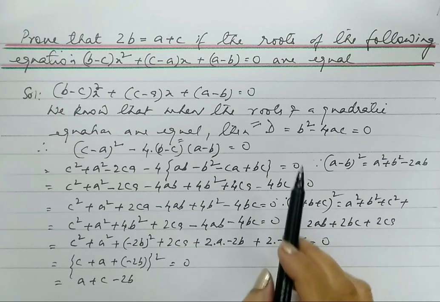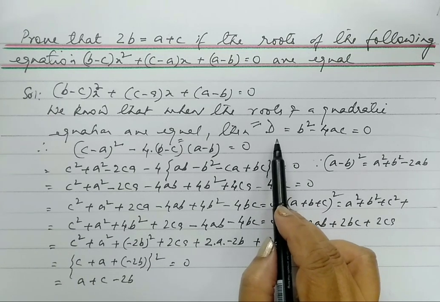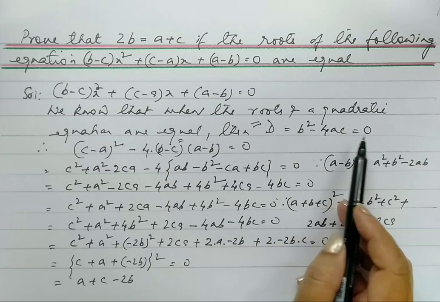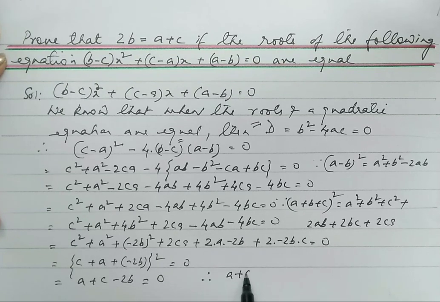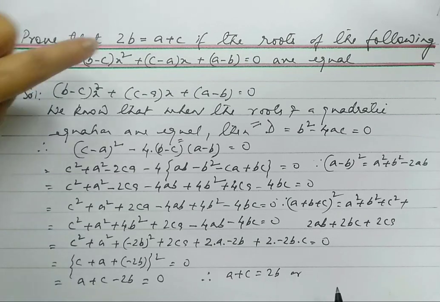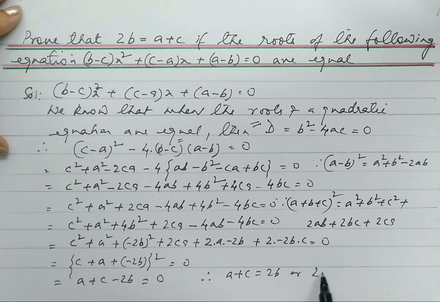Why so? Because we know that d is equal to b square minus 4ac. Alright guys. So this will be equal to 0. Therefore, when 2b goes to the other side, a plus c will be equal to 2b, or just like given above, we can write 2b equals to a plus c.